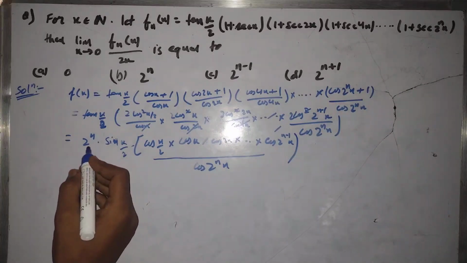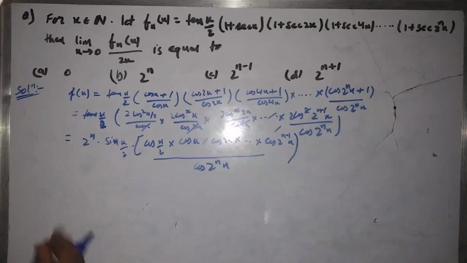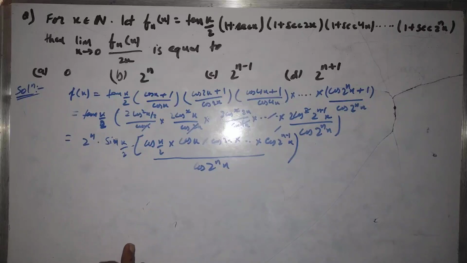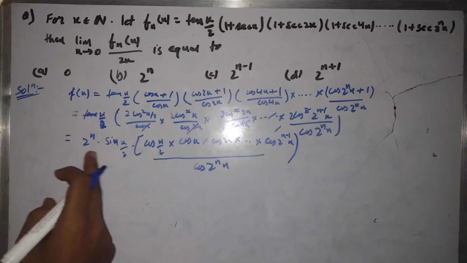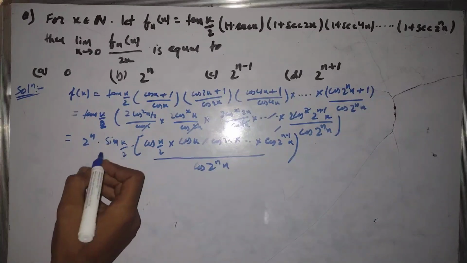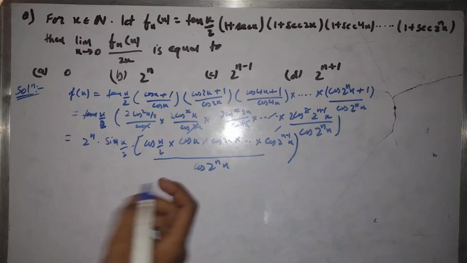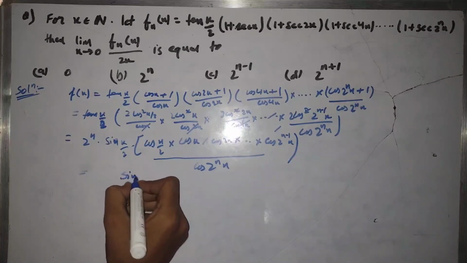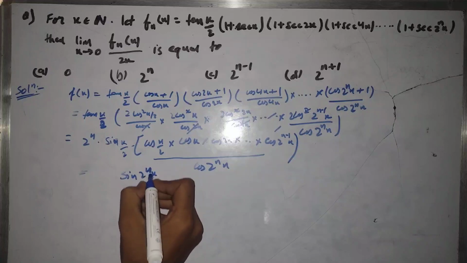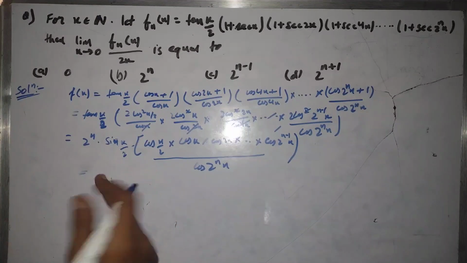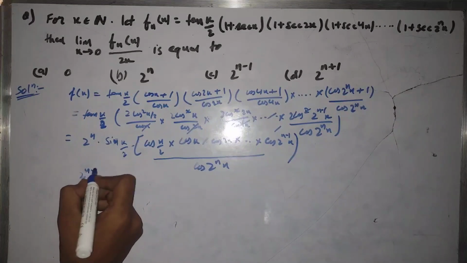Now if we steal a 2 from this and multiply it here, we'll get sin x, and sin x into cos x, if we multiply 2 again here, will become sin 2x. So this will continue, and at last become sin 2 to the power n x. Let me explain how.